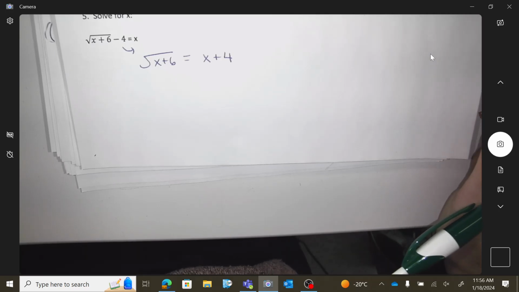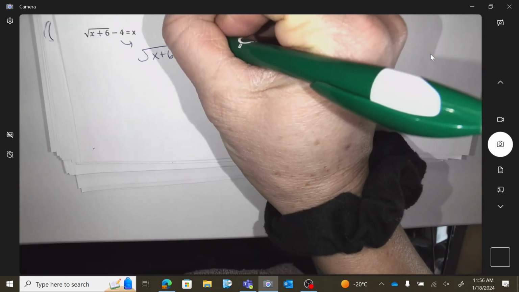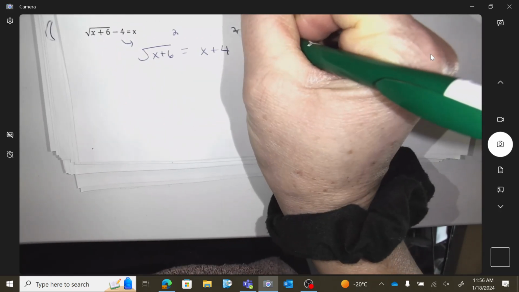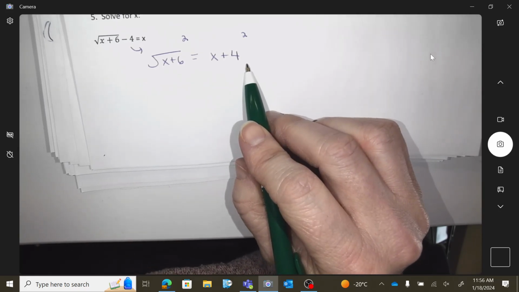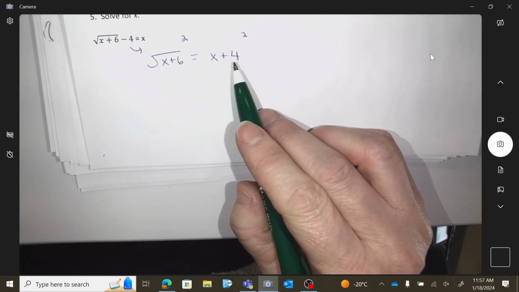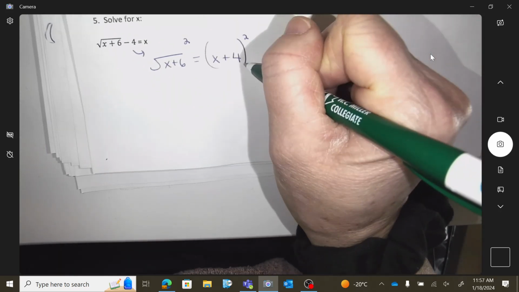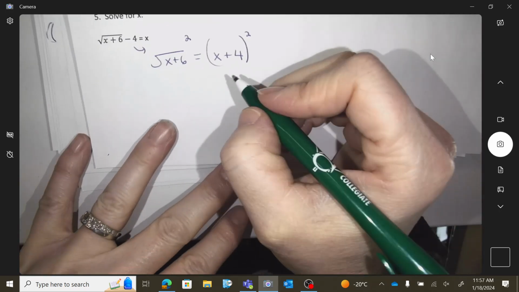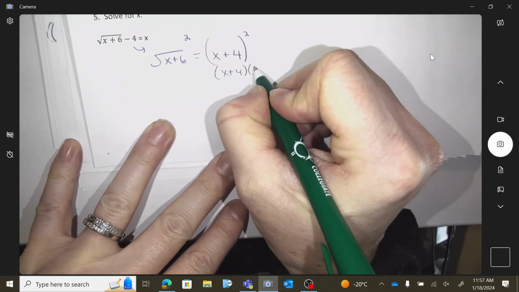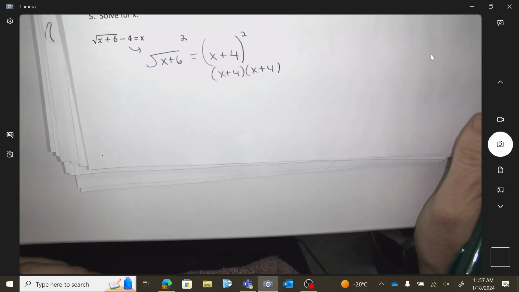Now, what's your next algebraic instinct? To square both sides? Is that what you're thinking? Okay, remember what this would be. Are you squaring things individually or are you squaring the whole side? You're squaring it as a side. You're squaring the whole thing. So really, that's the process, right? You're squaring it.